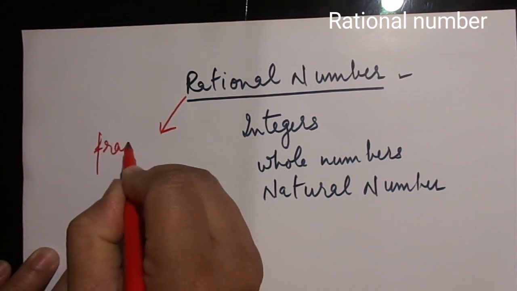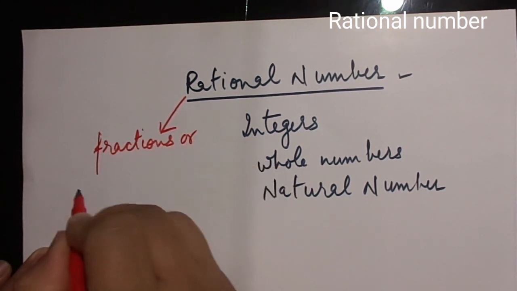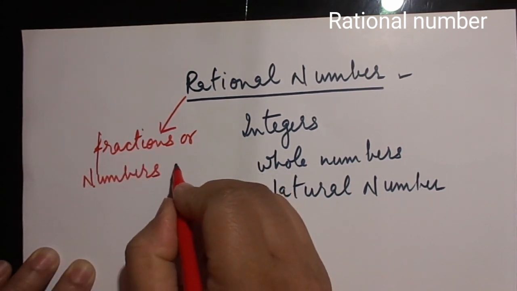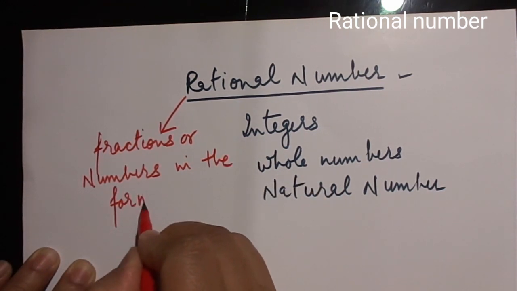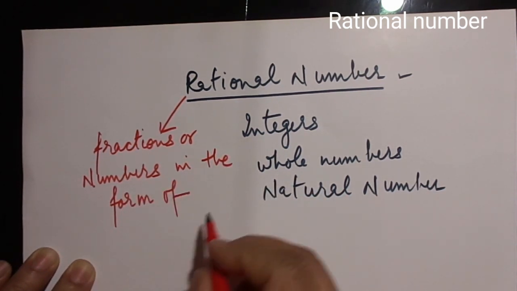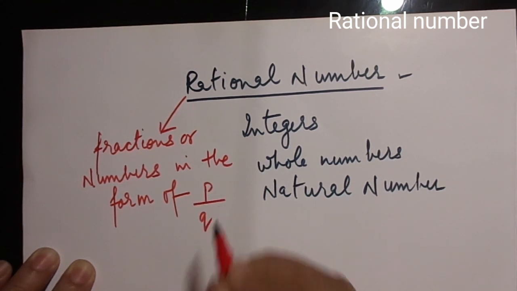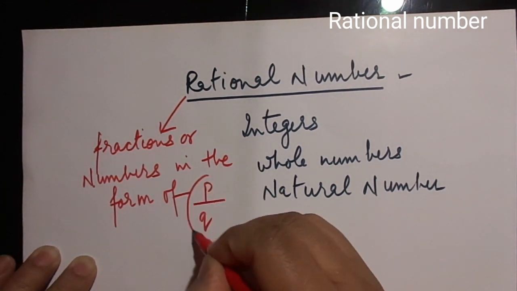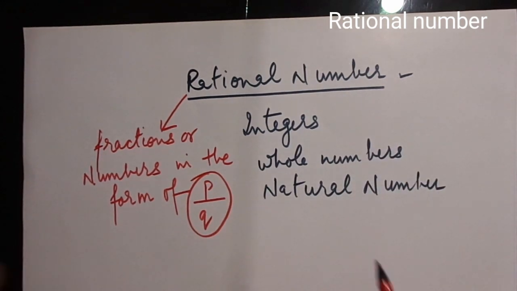Fractions, or numbers in the form of p by q, are known as rational numbers.